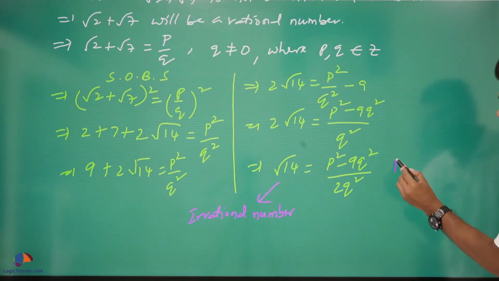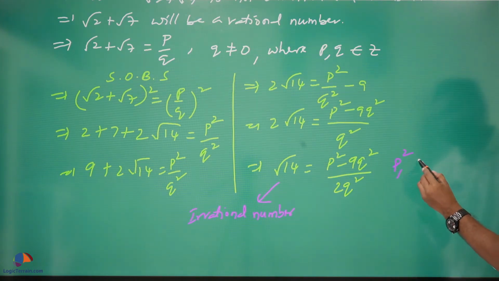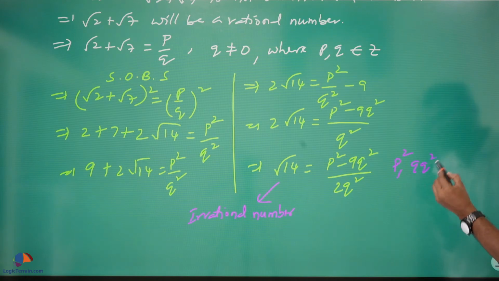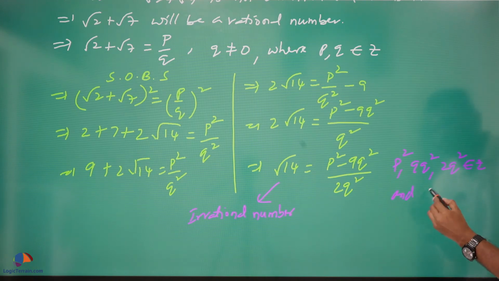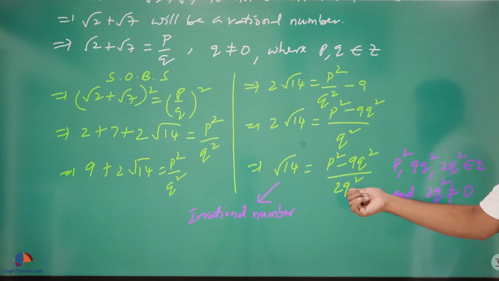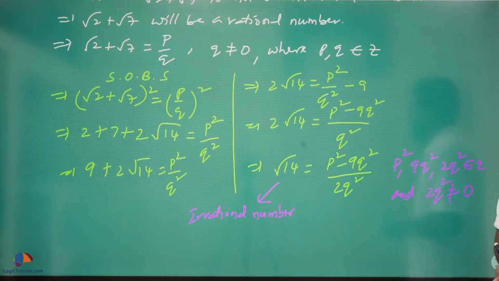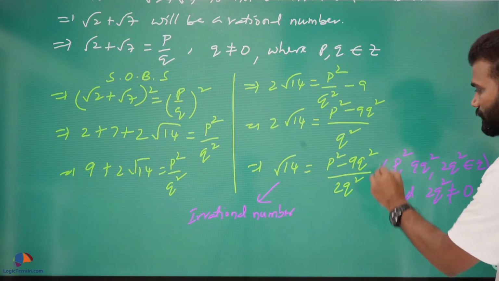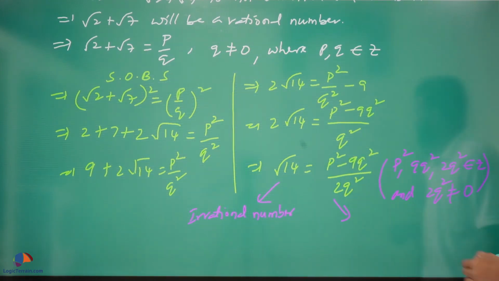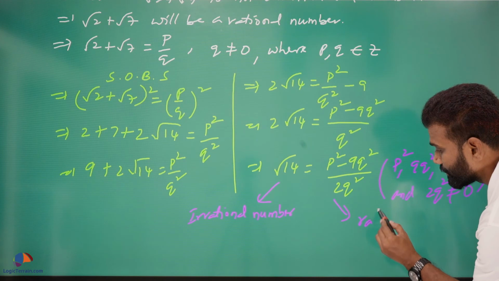That is, p square, 9q square, 2q square belong to integers, and 2q square is not equal to 0. Anyhow 2q square is not equal to 0. So this whole thing becomes rational.